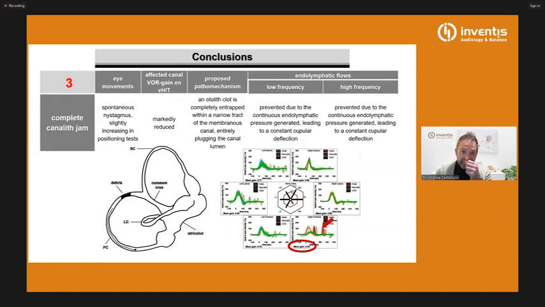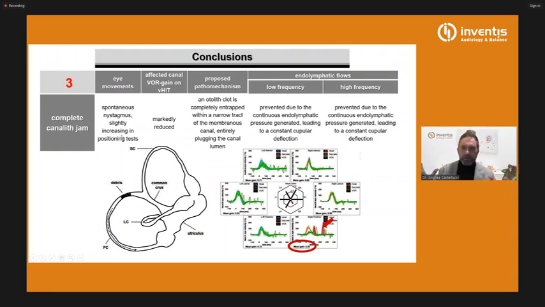And the last scenario is the complete canal jam, where we have an otolithic clot that is completely entrapped within another tract of the membranous canal, plugging the canal lumen from the beginning. So we have a persistent deflection of the cupula toward or away from the ampulla. So we have a spontaneous nystagmus that is slightly increased in position tests.